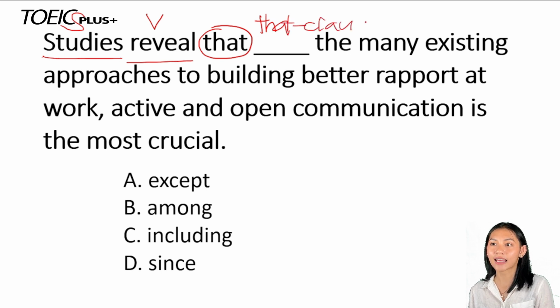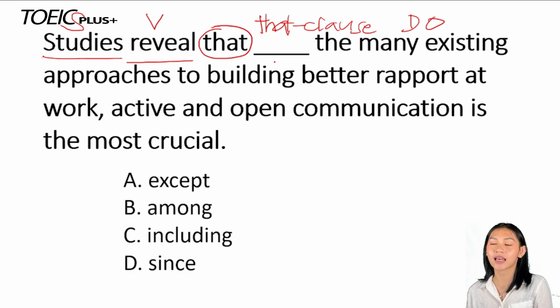This that clause acts as our direct object, the direct object of our main verb revealed. Again, the first word studies is our subject, the second word reveal is the verb, and our that clause is our direct object.